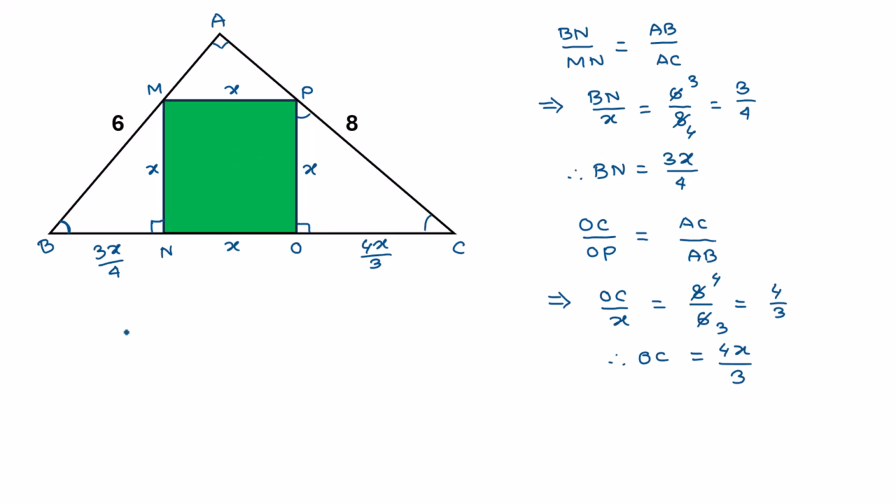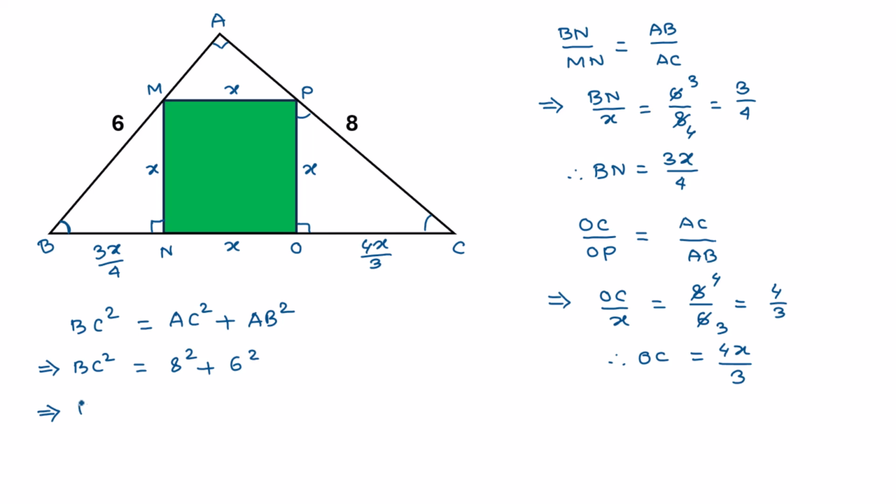So applying Pythagoras theorem, BC square is equal to AC square plus AB square. AC is 8, so 8 square, plus AB square, AB is 6, so 6 square.